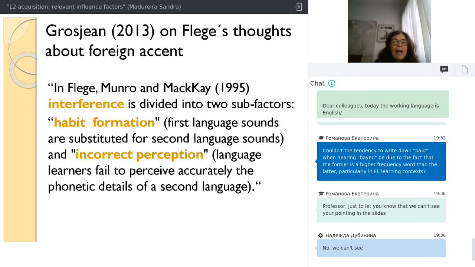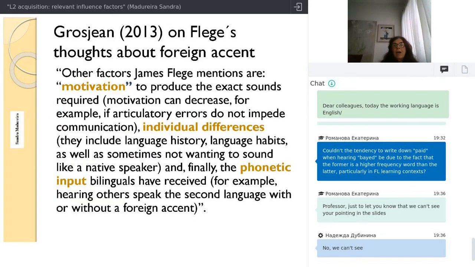Okay, and now we have some thoughts about foreign language or foreign accent. For instance, interference, habit formation, and incorrect perception of the speech sounds. So let's see what are these important factors as intervening factors in the perception of the foreign accent.